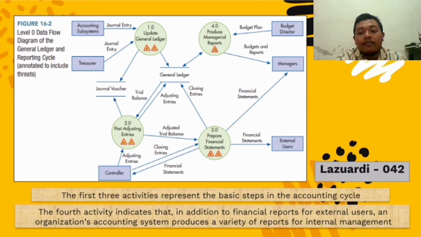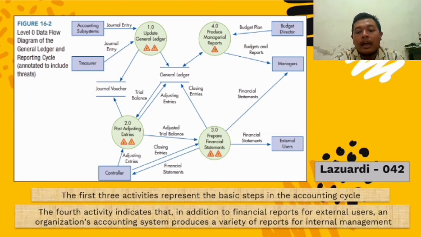And next, after posting the journal entries, we prepare the financial statements like the profit and loss statement, and probably the statement of changes in owners' equity, and also the financial position of the company.